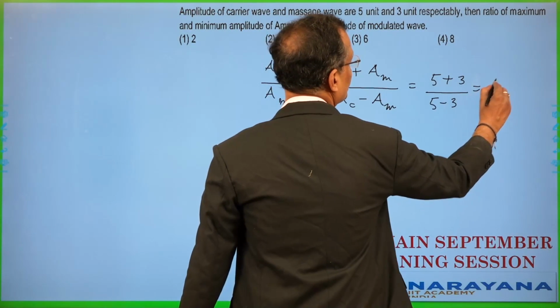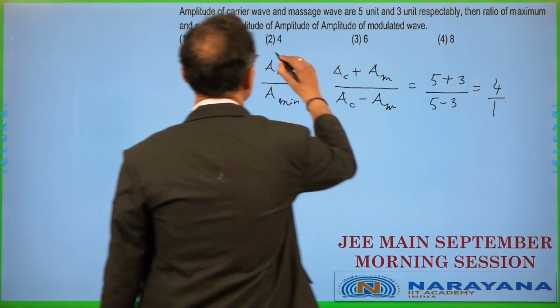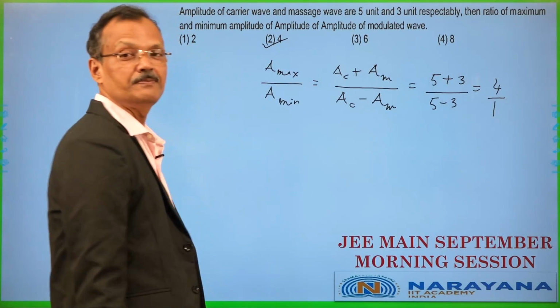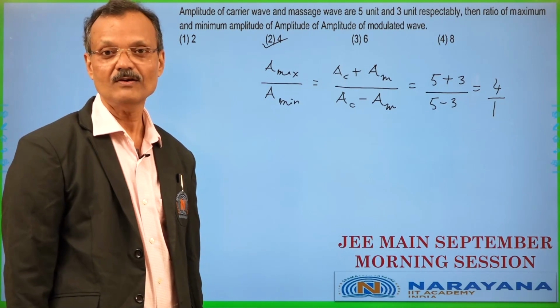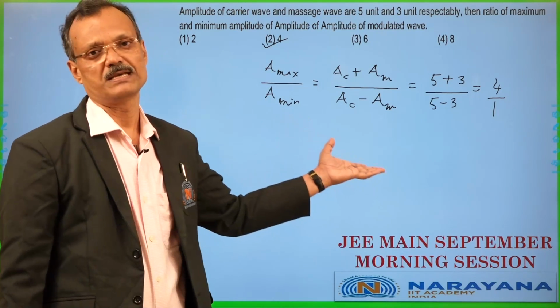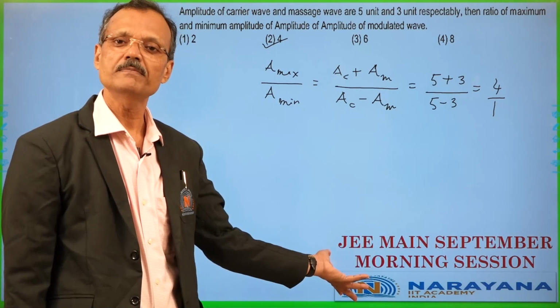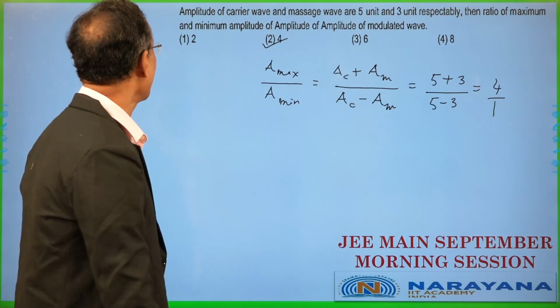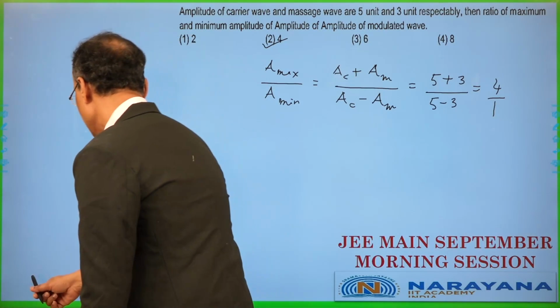It is equal to 4 by 1. How simple a problem it is. Okay? Simple. A max by A min is AC plus AM by AC minus AM. That's all. Now, let us move to the next problem.